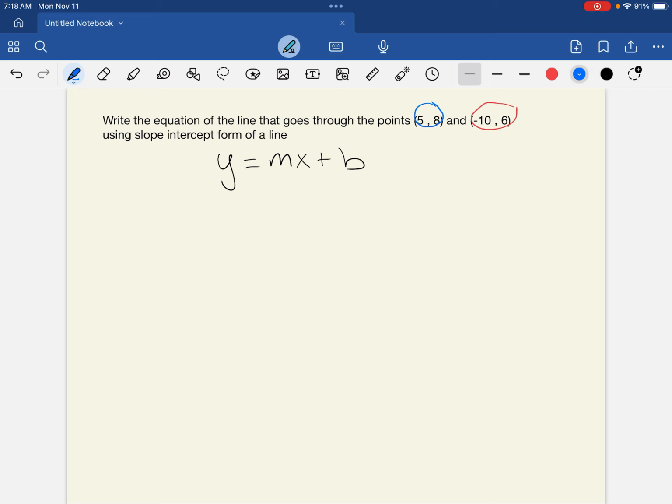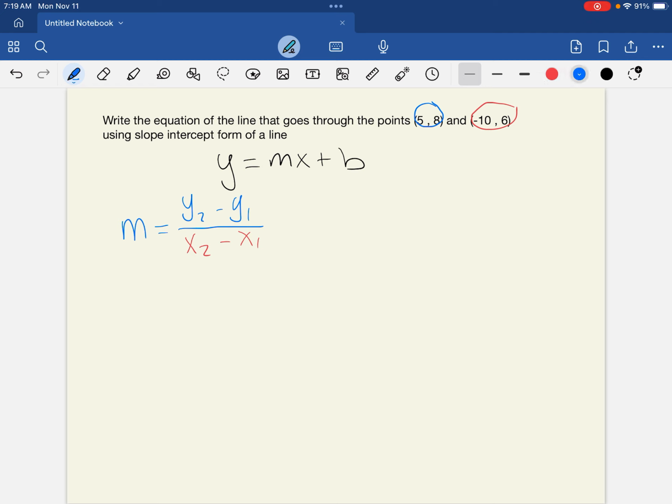Now for this, I am going to use the slope formula. And as I do this, we'll talk about what's happening. In the slope formula, we are finding our rise over our run. We're finding our change in y over the change in x. Now, this is going to be kind of a hard thing to explain, but which points or which numbers go where don't really matter.